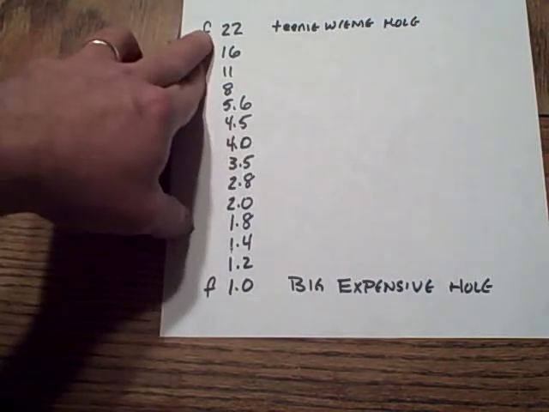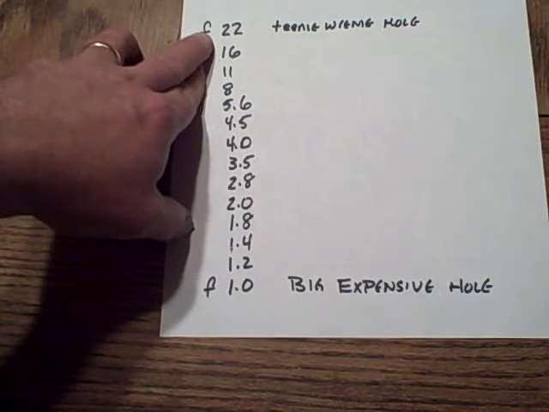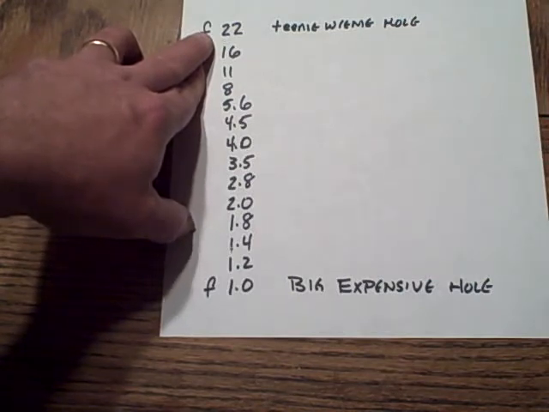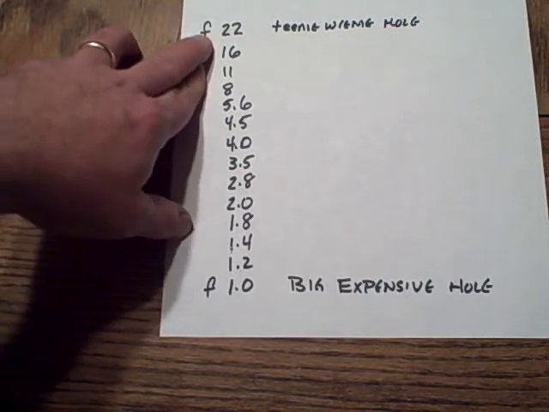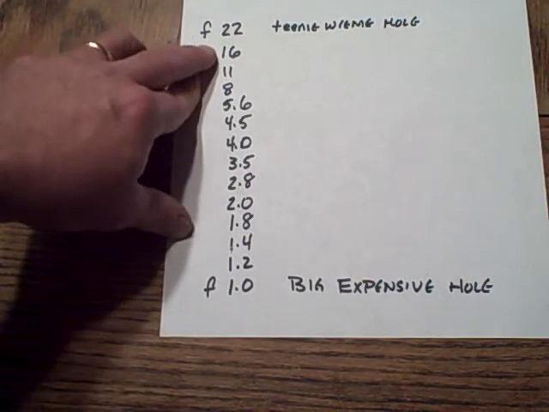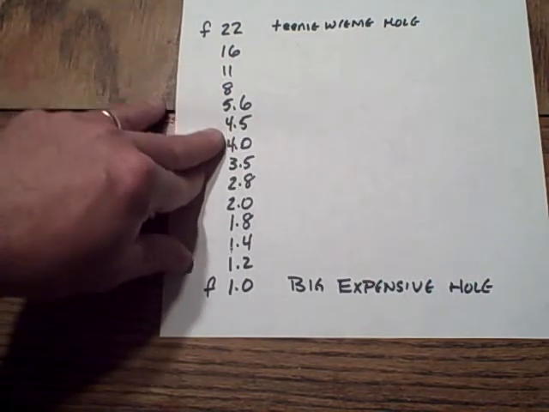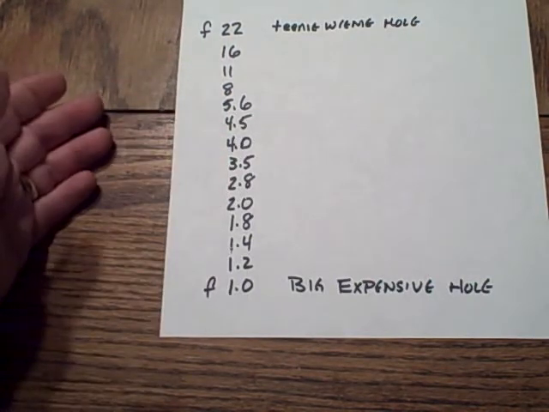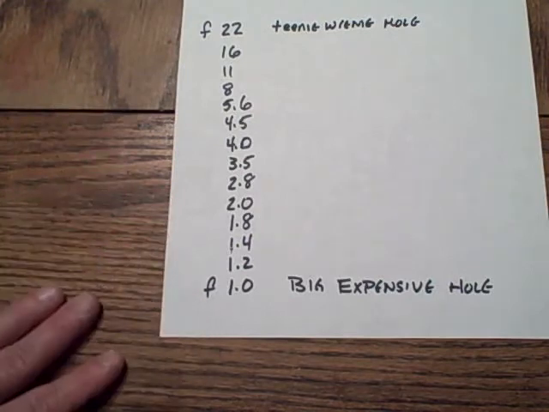Each change in aperture allows twice as much light to enter the lens. It doesn't make any sense because the numbers are not numerical in order: 22, 16, 11, 8, 5.6, 4.5, 4, 3.5. Huh? Who came up with this stuff? I don't know.